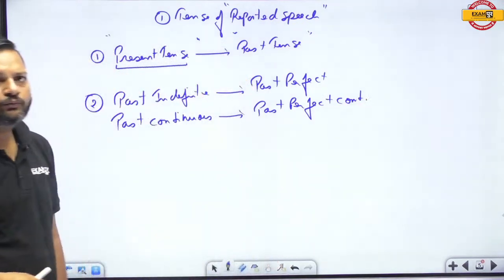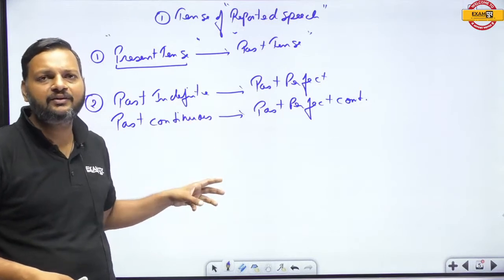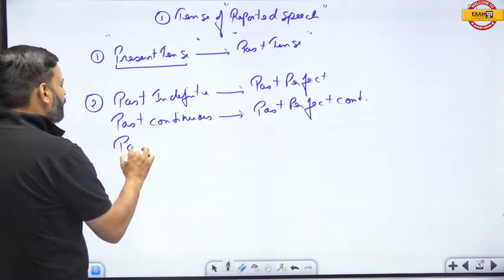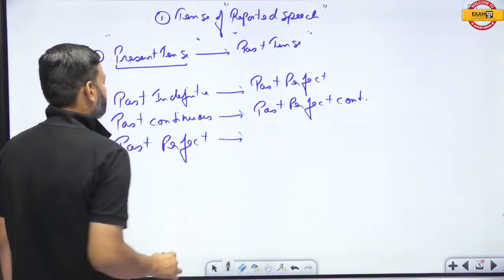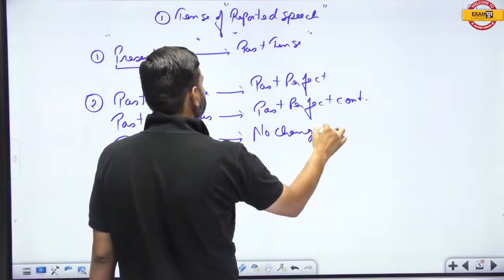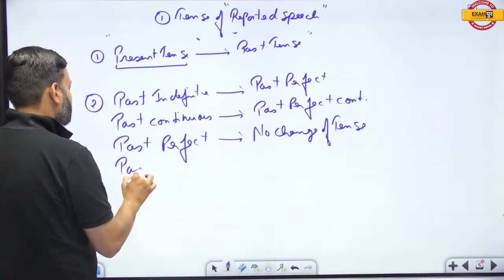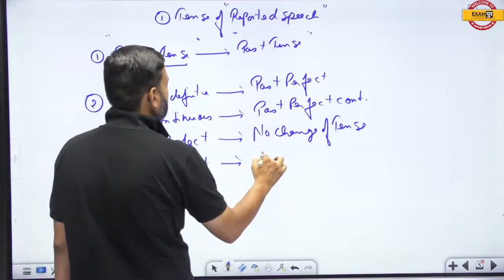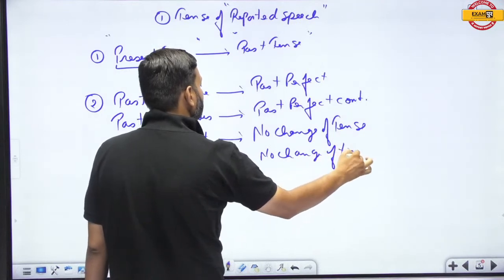So in past tense only these 2 tenses change, and if the reported speech is already in past perfect, there will be no change of tense. And if the sentence is past perfect continuous, again no change of tense.